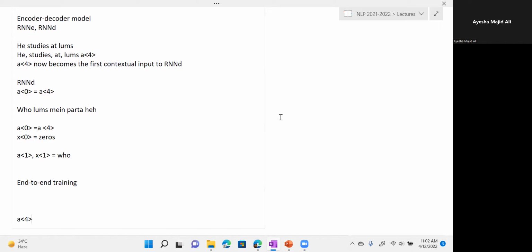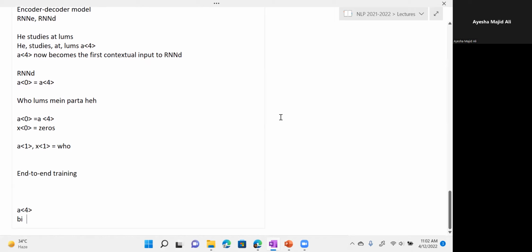It's very far away, because it might be overwritten by some of the newer words that you have fed into the network. Okay. So one way to overcome this is we sometimes use a bi-directional, as we discussed, RNN for encoder.